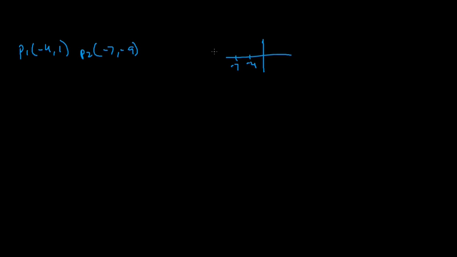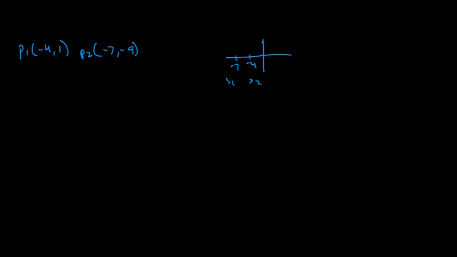So if we are organizing our points the way that they're normally organized, this one with the minus 7 would be x1, and then this one would be x2. But this first point over here is the minus 4 point. So a fair question to ask is, does it matter what order the points are in when you do the distance formula? And the answer is no. And I'm going to demonstrate that by doing the distance formula twice.